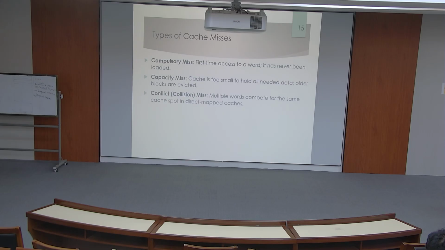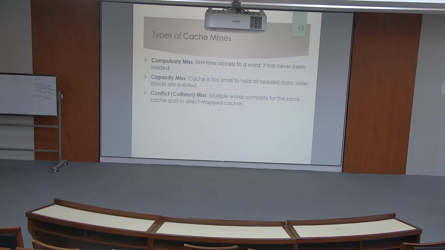So what can you do with the compulsory miss? There is nothing we can do, because if the word has never been loaded into the cache memory, this will result in what we call a compulsory miss.